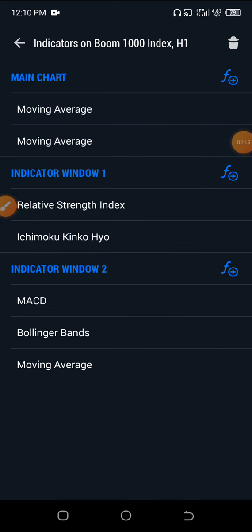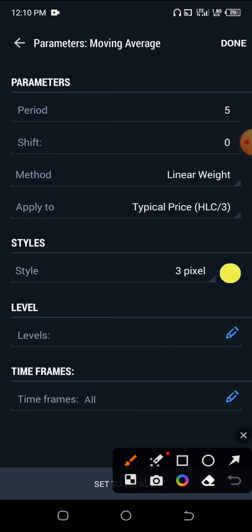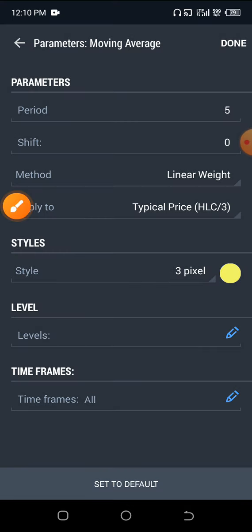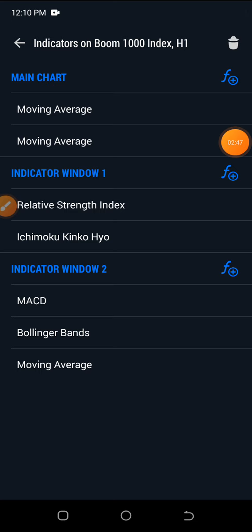Once you touch it, we'll have the first moving average. This time, look at what we'll have here. We'll have the first one, period 5, with linear weighted, and typical price HLC. Then we'll have our pixel, which is the color, and you can choose any color of your choice.